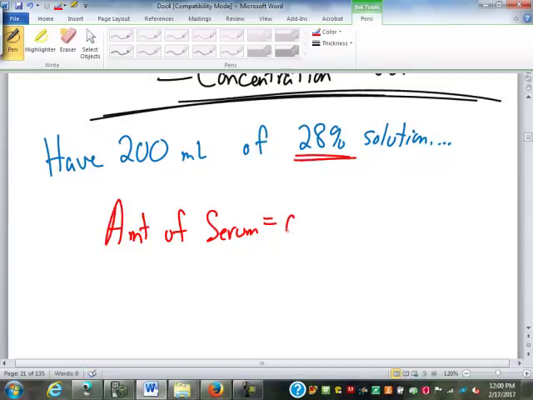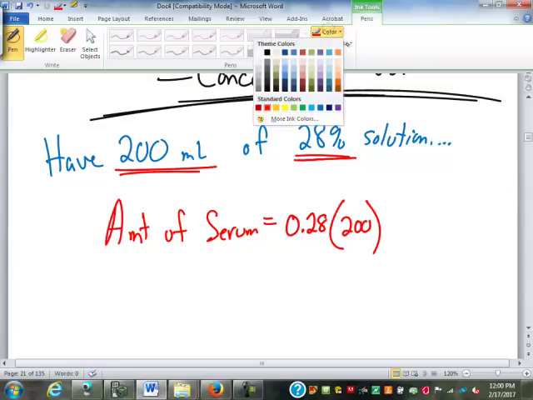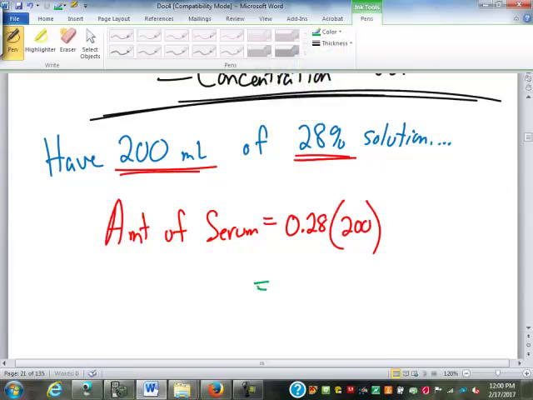So 28% will be 0.28 times, well, our volume here is 200 milliliters. So 0.28 times 200 is 56. There will be 56 milliliters of that active ingredient, or the serum, in that 200 milliliters of solution.